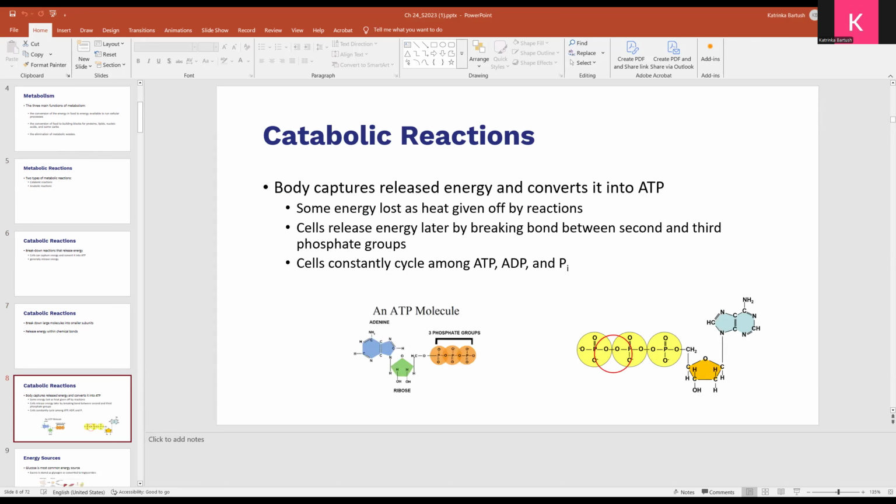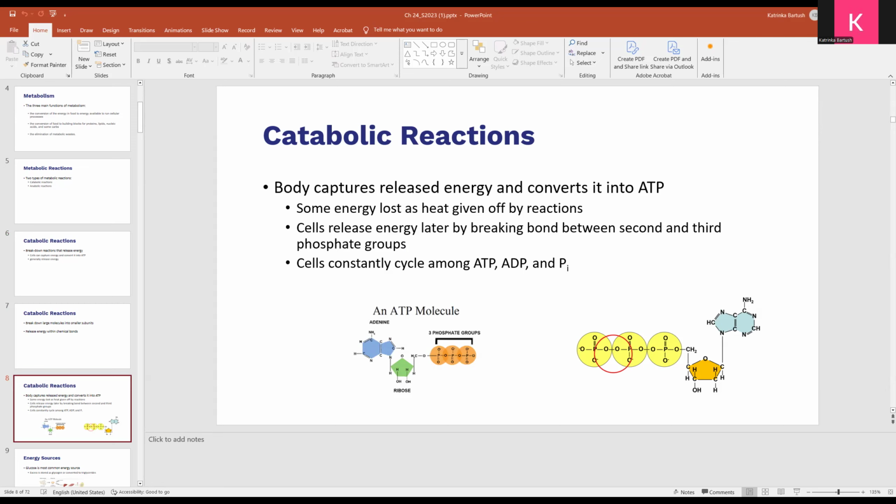Now, the body captures this released energy and then converts that into ATP. Some of this energy is actually lost and it's given off as heat by these reactions. The cells can also release energy later by breaking bonds between second and third phosphate groups with ATP. And so we have this constant recycling of ATP to ADP and then back again.